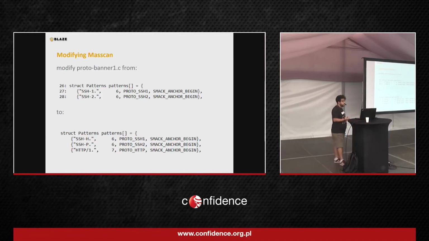So it means that we have to do some sort of modification in MassScan. This was probably the least elegant way possible to do this, but I corrupted my scanner in the sense that whenever it sees SSH-1.2 or 1.0 or 2.0, it will trigger this parser, which will only get the banner and ignore everything else.